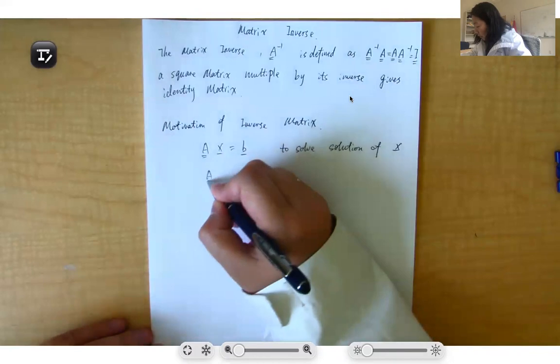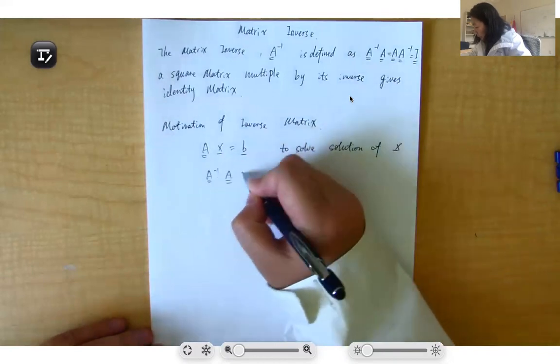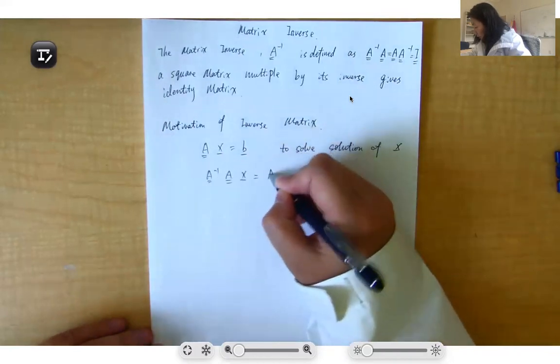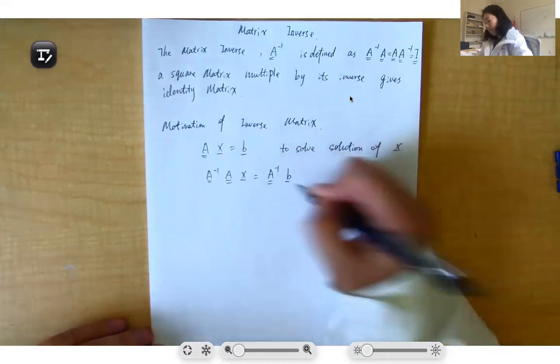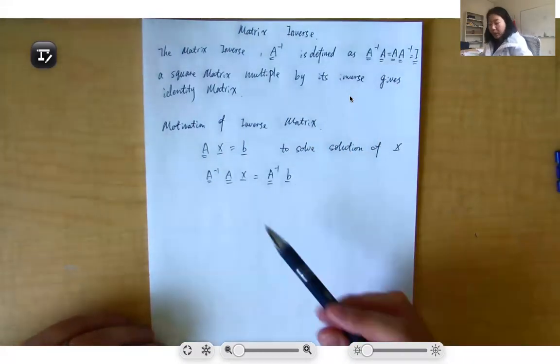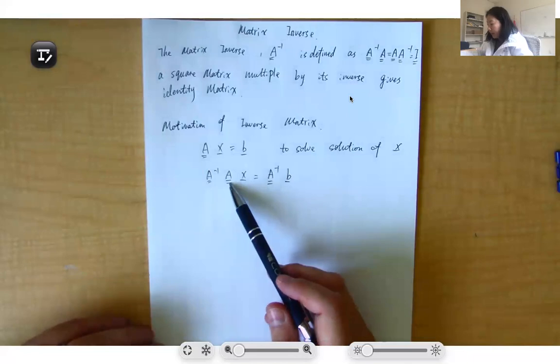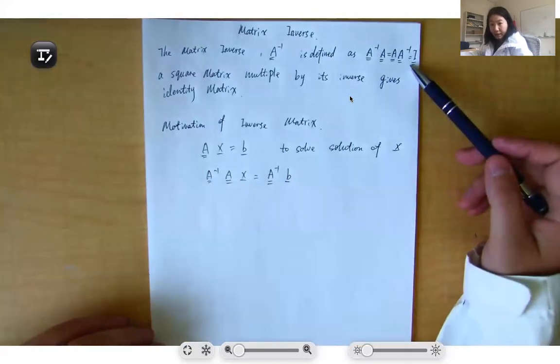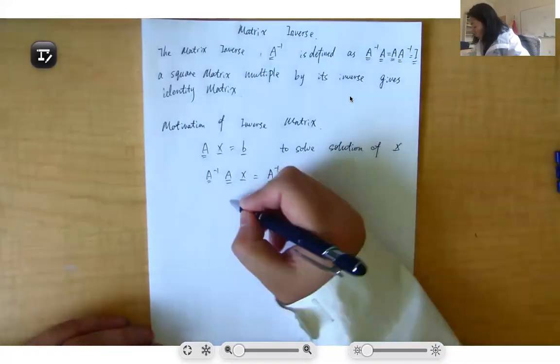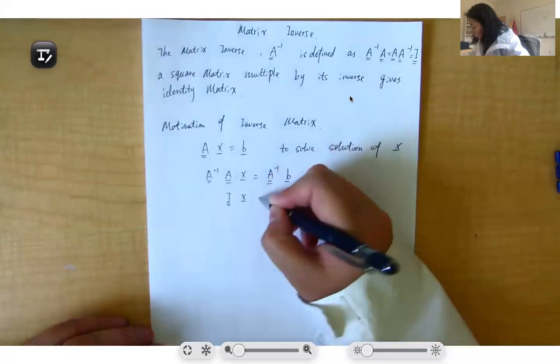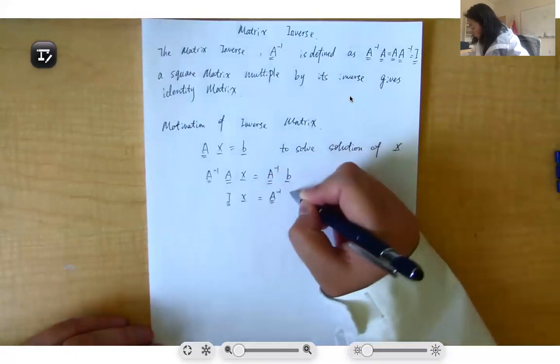So A inverse AX equals to A inverse B, right? And you know that A inverse A, based on the definition, is the identity matrix. So it will be IX equals to A inverse B.